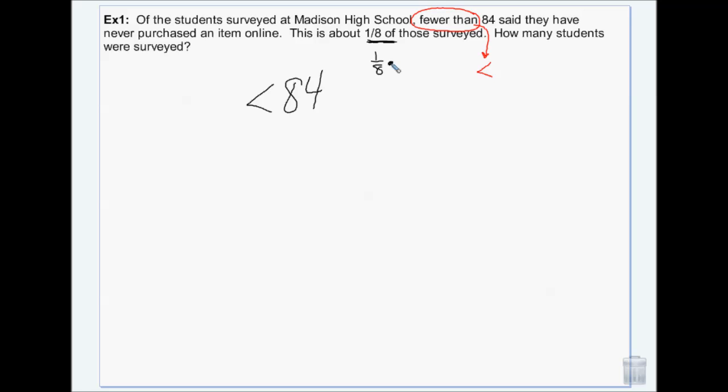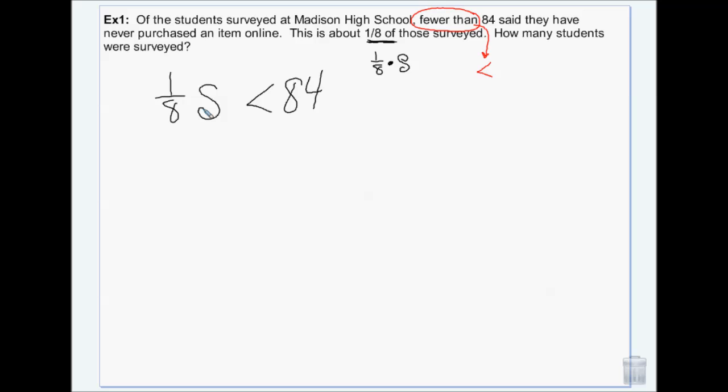That's the students. So how many students were surveyed? Well, we don't know, so we want to call it S, for students. Okay, so I have 1/8 times S is less than 84. 1/8 S is the same thing as S divided by 8.